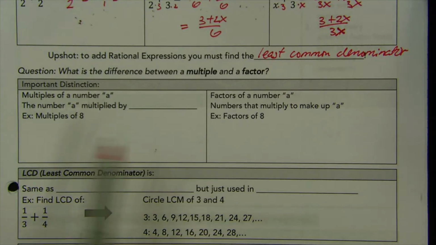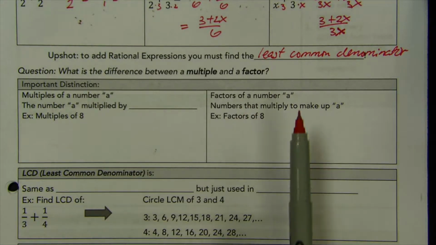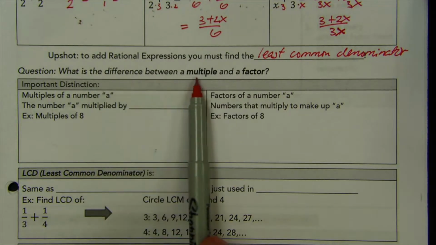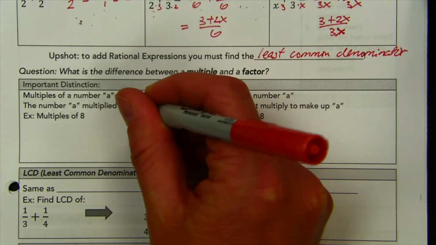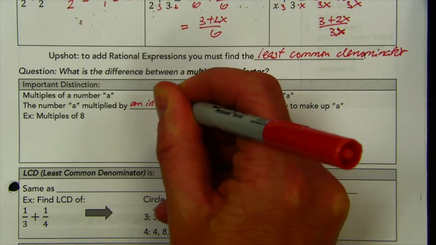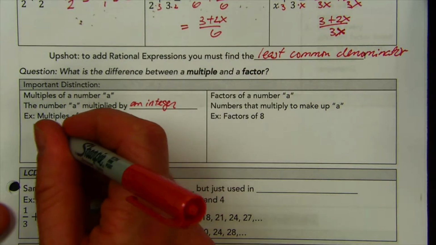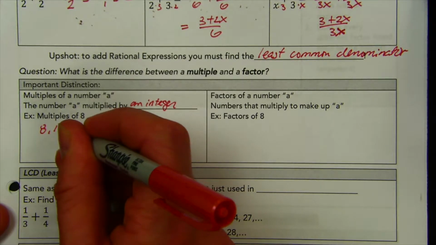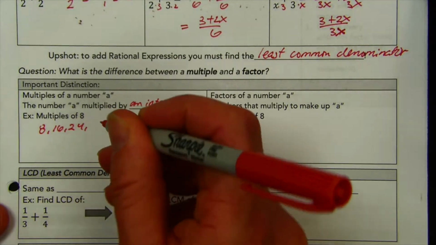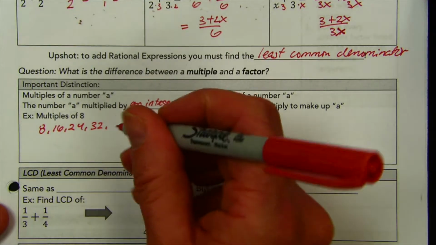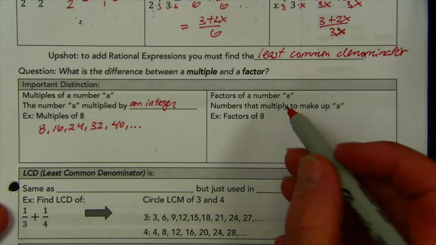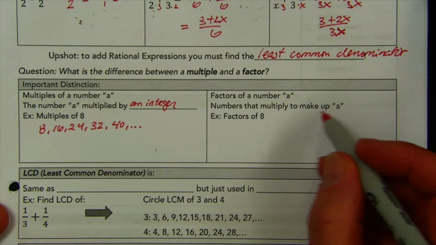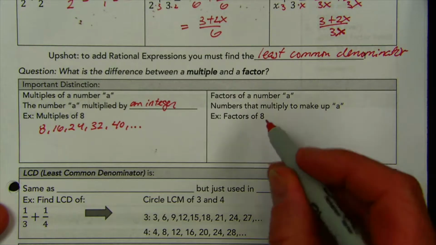However, let's go back to some background information you need to know to do these. So there's just a multiple and a factor. All right, let's say multiples of a number a. The number a multiplied by an integer. Okay, so multiples of 8 would be 8 times 1, 8 times 2, 16, 8 times 3, 24, etc., 32, 40, and it goes on and on. Okay, factors of the number a. Numbers that multiply to make up a. For example, let's say a is the number 8.